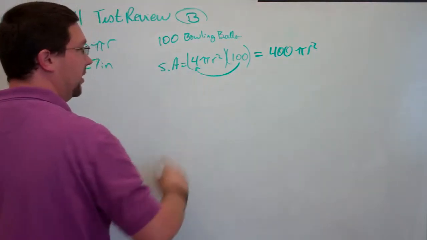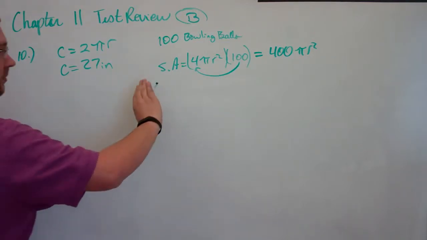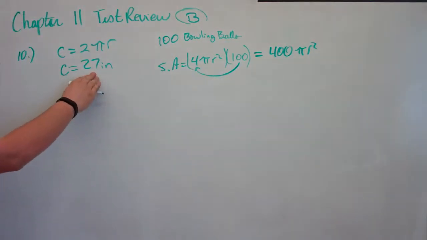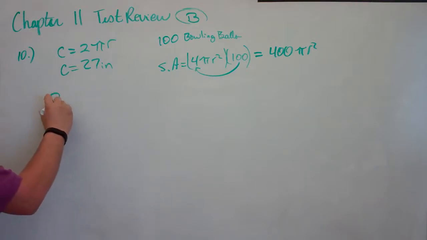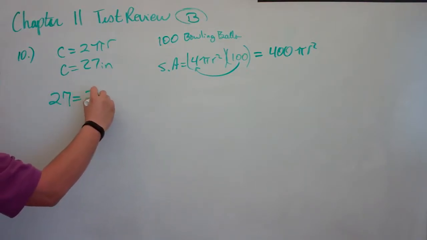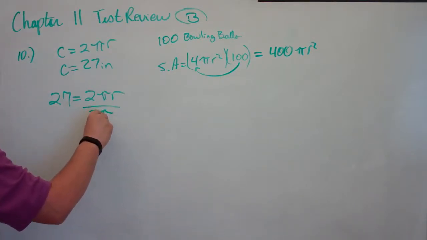All I did was multiply the 100 by the 4. Now, let's leave that alone for a second, because now we have to find r. Because without r, none of this is going to be possible. So since we know the circumference is 2 pi r, and we know the circumference equals 27, we know 27 equals 2 pi r. Divide by 2 pi.